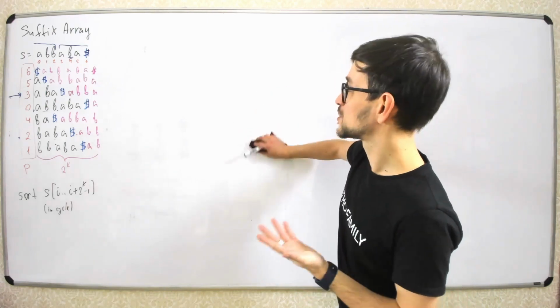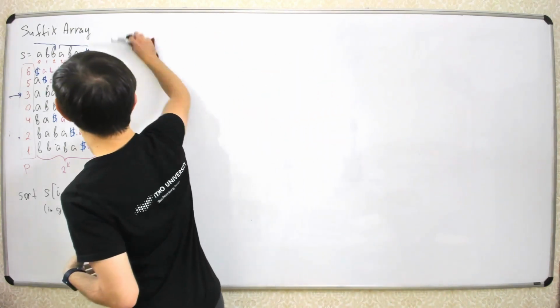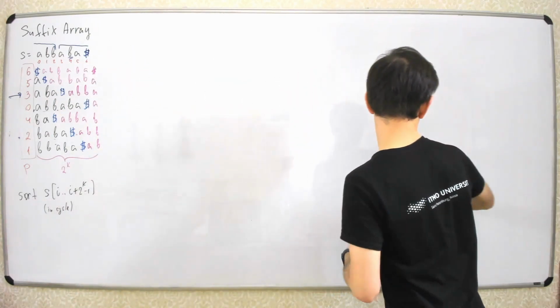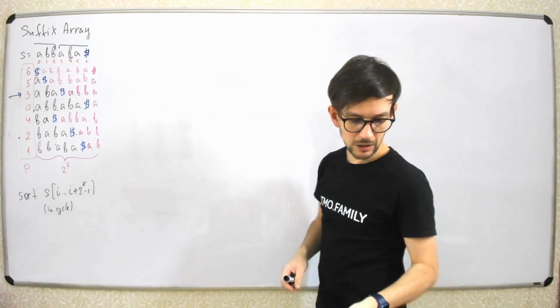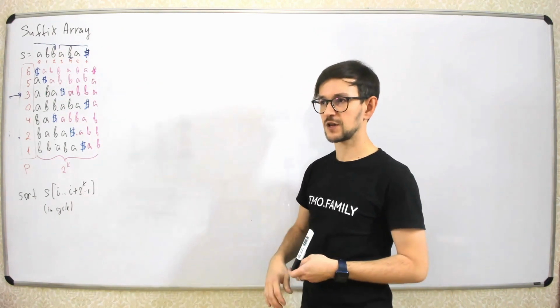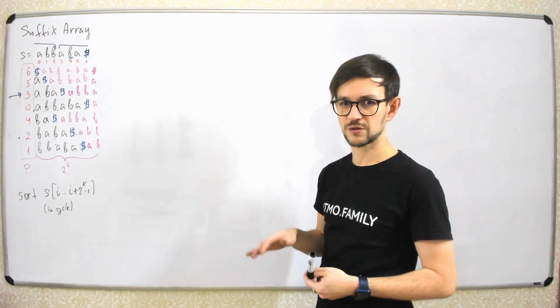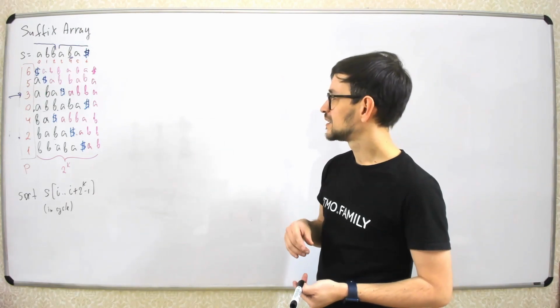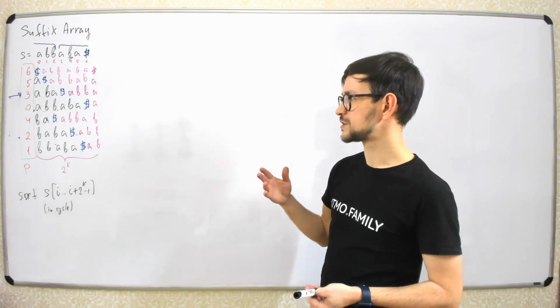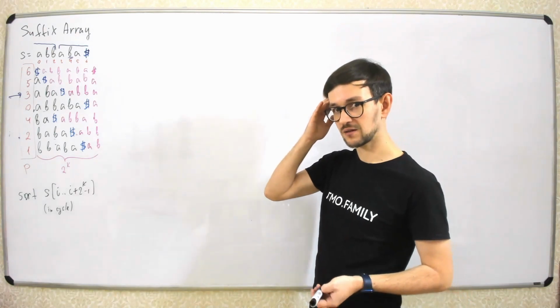It's just different ways of building the same thing. Basically, all the suffix structures, I believe, can be transformed one to each other. They all do basically the same thing.